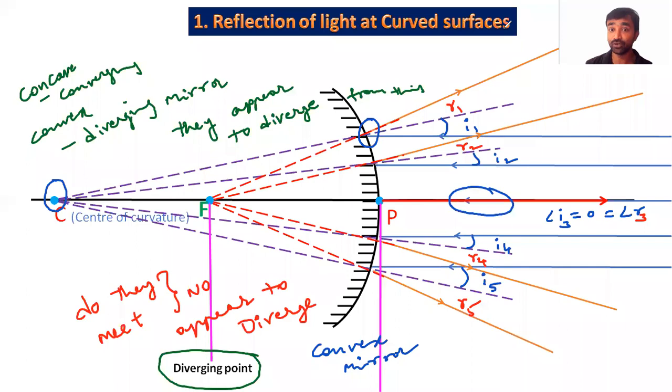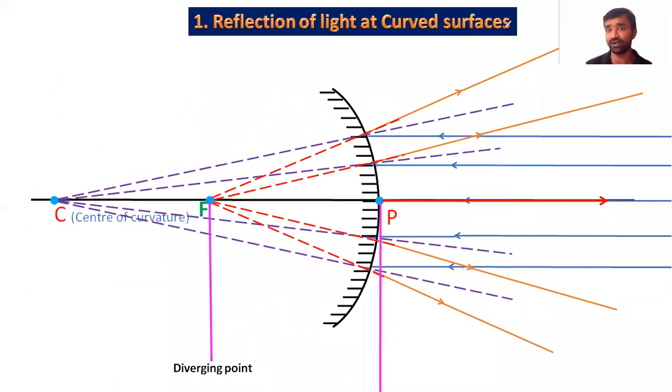So I have given you two different names for the concave and convex mirrors. Yes or no? So concave mirror is the converging mirror, convex mirror is the diverging mirror, right? So the length between the pole and the focus is called the focal length. No change in the terminology.